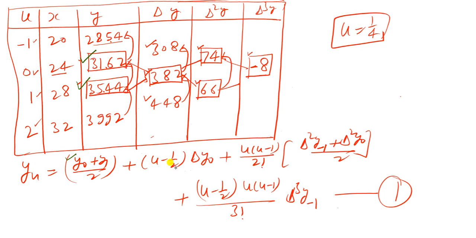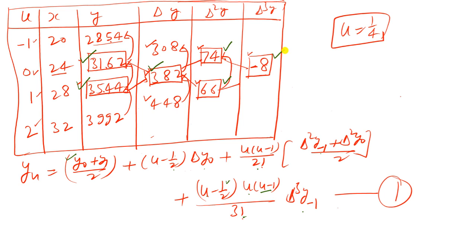Plus u is 1 upon 4 minus 1 upon 2, del y0 is 382, plus (1 upon 4 minus 1 upon 2) upon 2 factorial, del 2y minus 1. So this is del 2y minus 1, this is del 2y0, plus (1 upon 4 minus 1 upon 2)(1 upon 4 minus 1) upon 3 factorial, which is 6, del cube of y minus 1 is 8. So substitute all the values in equation 1 and after simplification we obtain the required result.